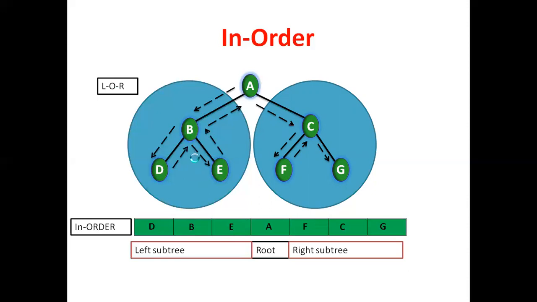Observe here: BDE are three nodes, the left part of A, and FCG are the right subtree of A. So A is the middle node. This is the left subtree, this is the right subtree, this is the root. After drawing the inorder for a given binary tree, check using this diagram whether it contains left nodes or right nodes by using the LR formula.